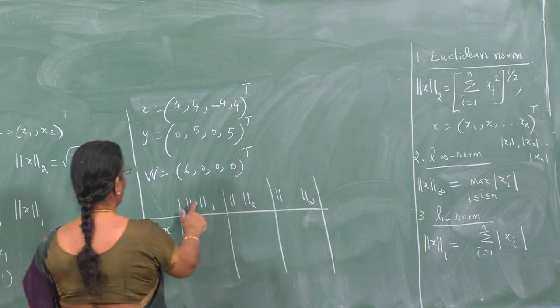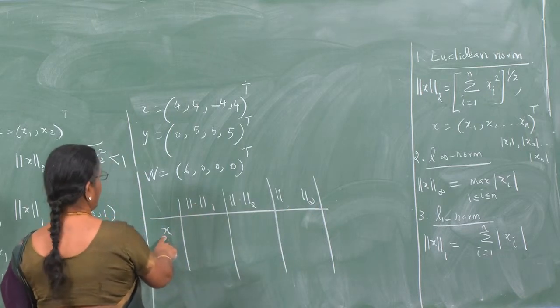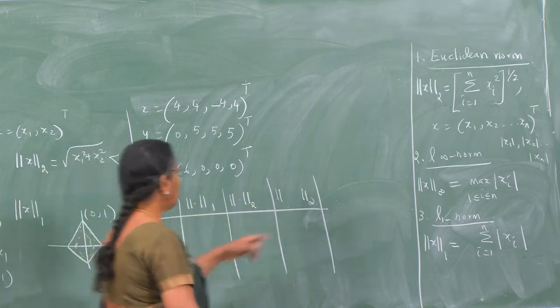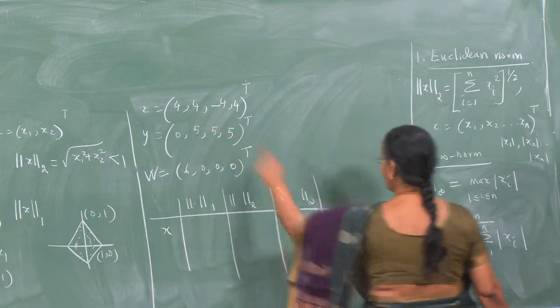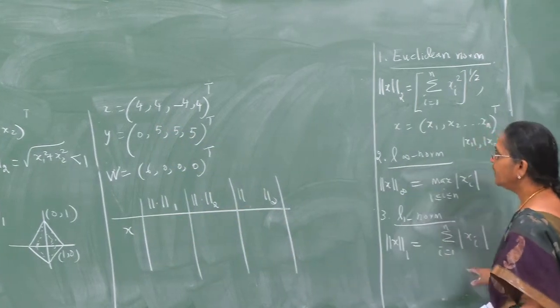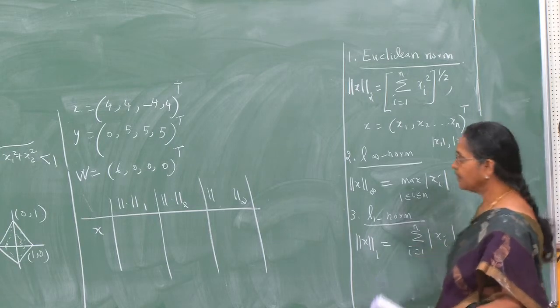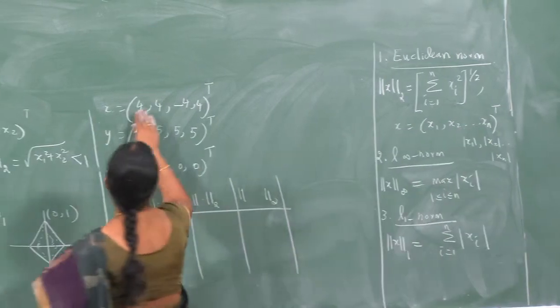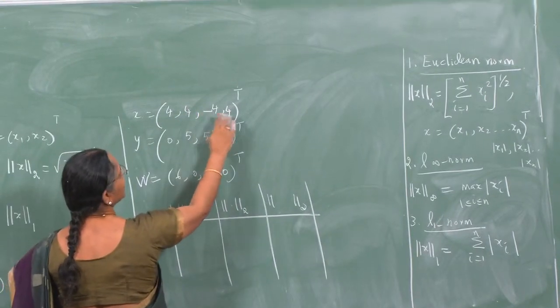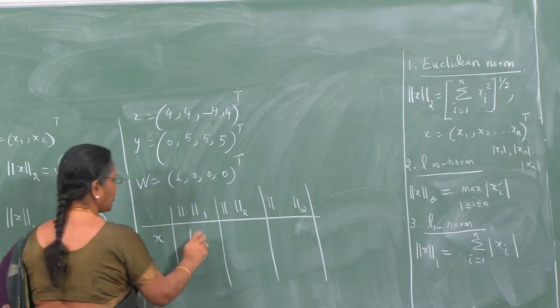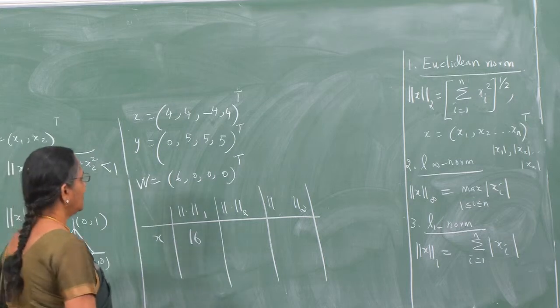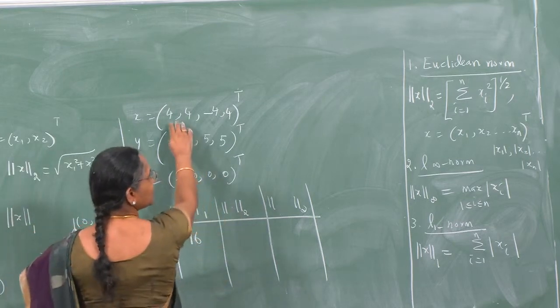If I use norm 1 to compute the L1 norm for the vector x, it is: take the absolute value of each of the components and sum it up. So, it is 4 plus 4 plus modulus of minus 4 plus 4. So, that is going to be 16. What about norm 2 for this vector?